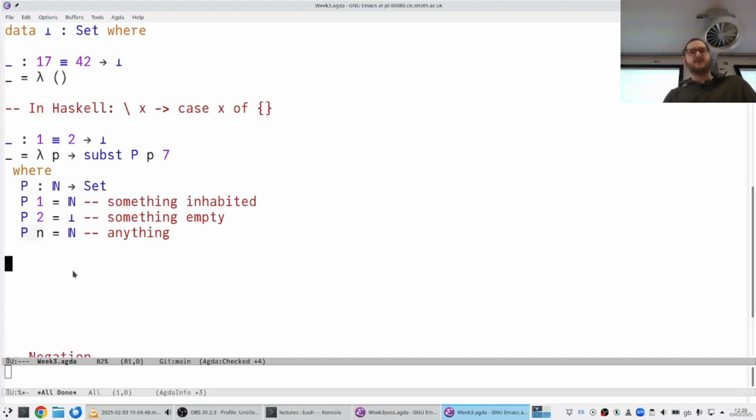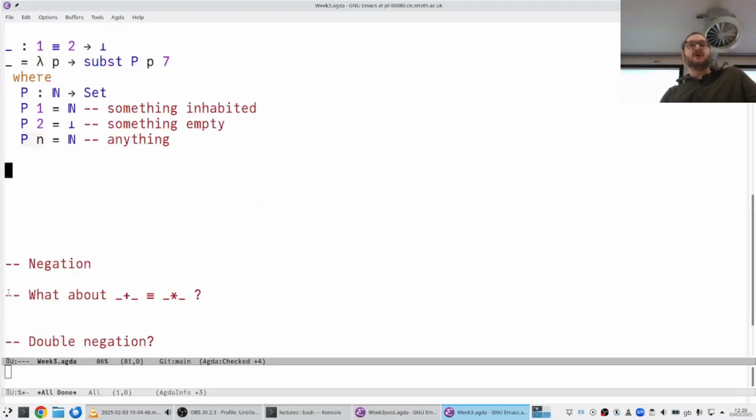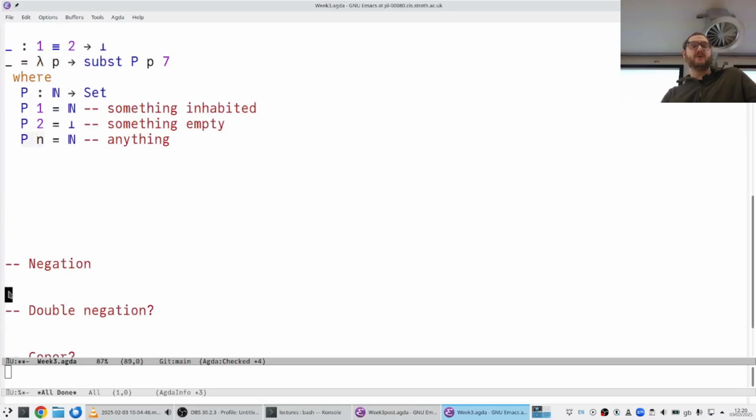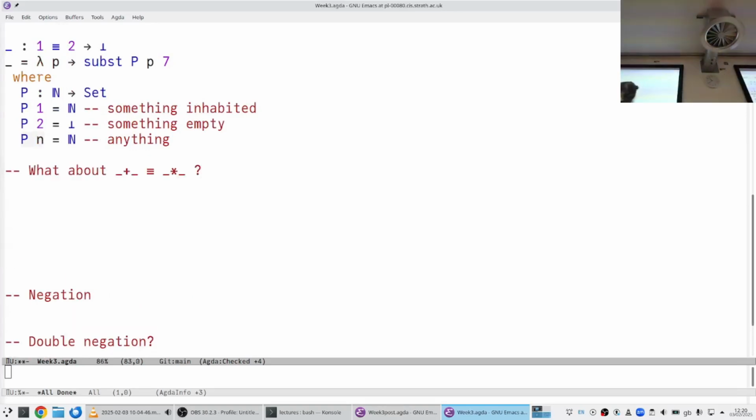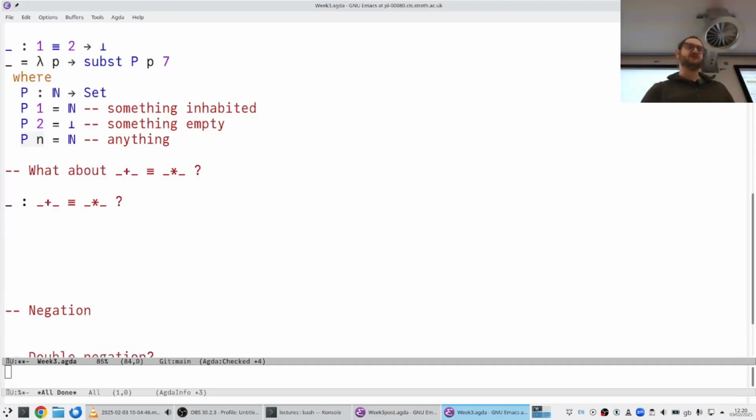And so earlier I was saying that when you write, if someone gives you a proof that 17 equals 42, the fact that this statement is proven, so 17 equals 42 implies the empty type, means that if someone hands you such a proof, you can do whatever you want. And what does it mean to be able to do whatever you want? It's the so-called explosion principle.